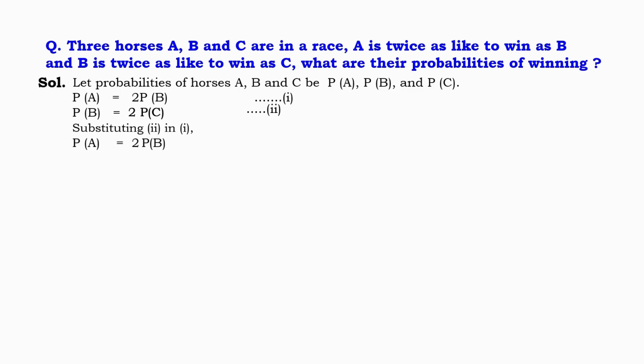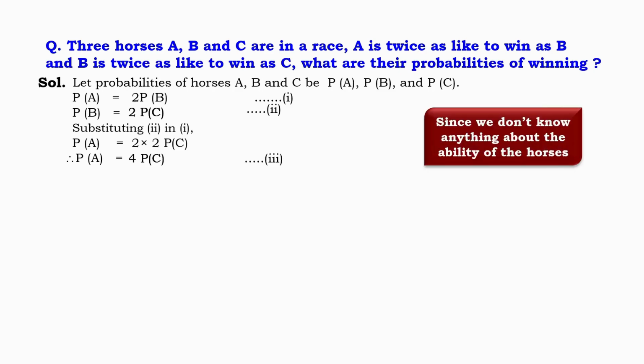Now we substitute equation 2 in equation 1. We have PA equal to 2PB. Now replace the PB value with 2 times PC. So we get PA equal to 4PC. That is equation number 3.